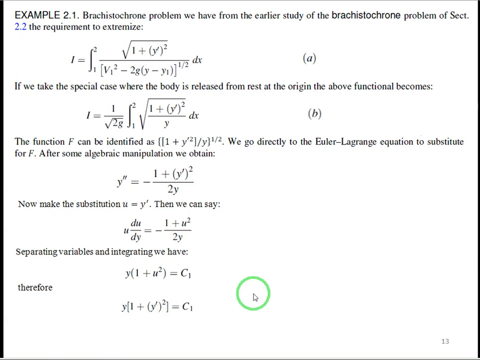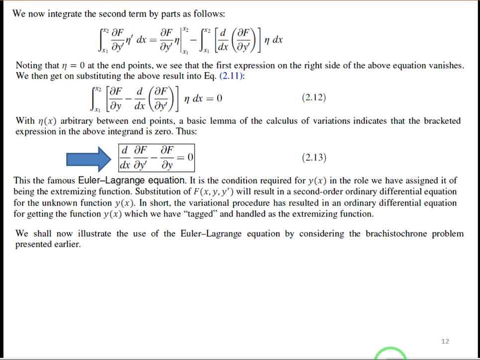As you know, we have talked about the variational approach and we derived the Euler-Lagrange equation to find an extremum function of a functional problem. The Euler-Lagrange equation can be written as follows.